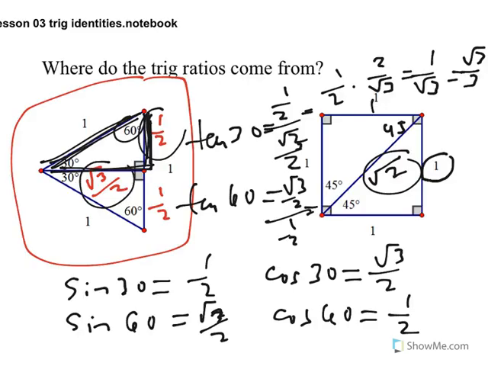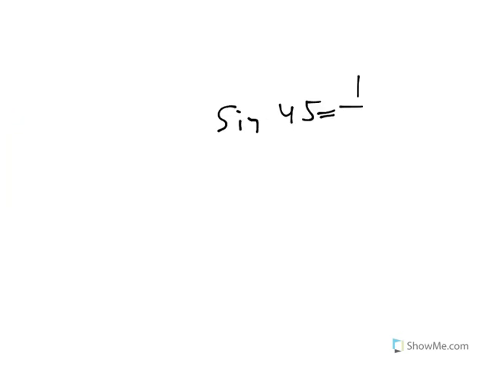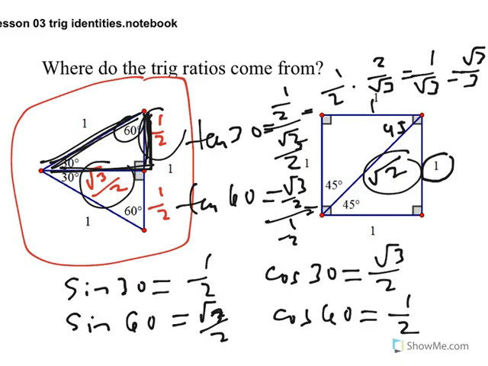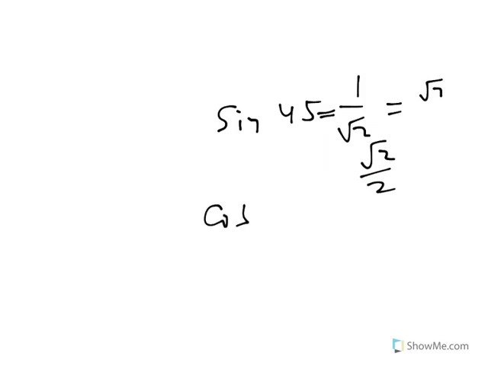I'll come to another page for that. The opposite was 1, the hypotenuse was radical 2. Cosine of 45, the adjacent becomes 1, but the hypotenuse is still radical 2. So cosine of 45 is also radical 2 over 2.